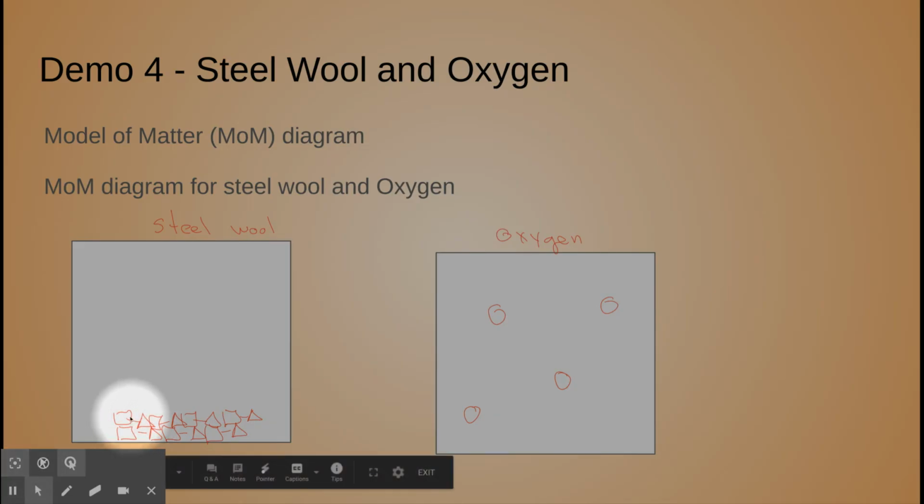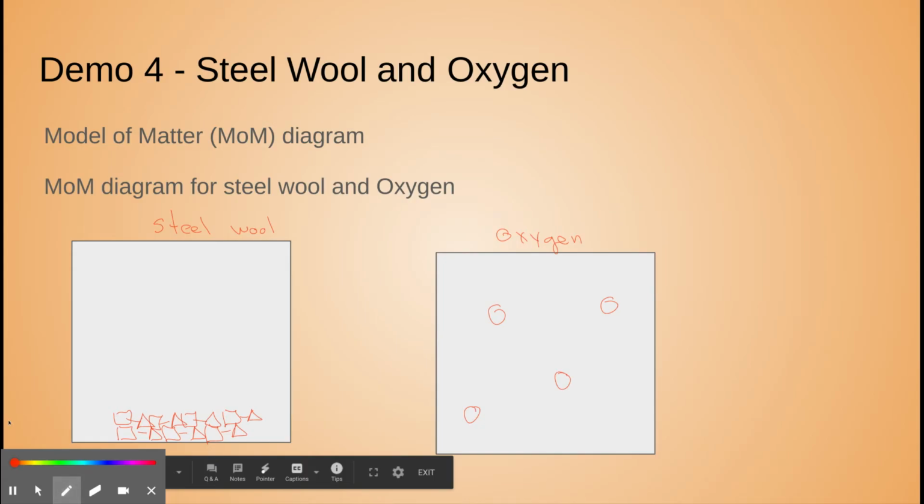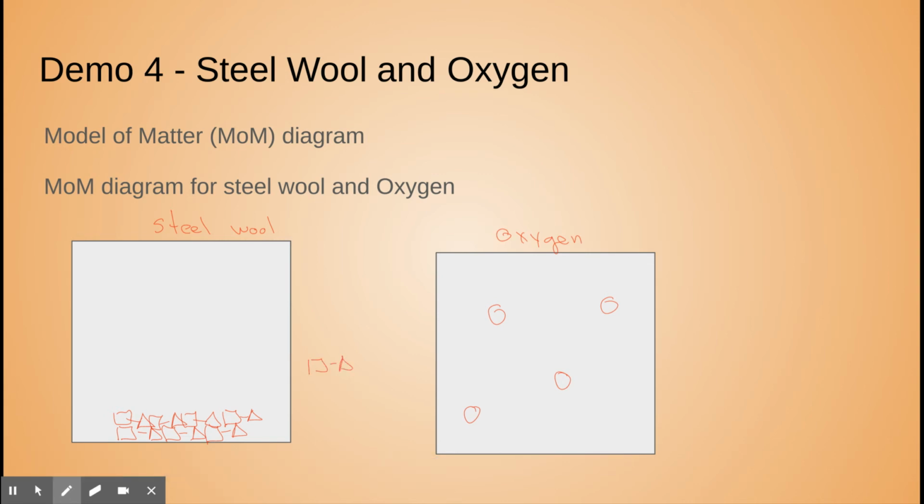So I've drawn my compound, and again, you notice I'm trying to make them look like they're touching. A common thing I see students do, and I don't quite understand it, is they'll put them just ever so slightly apart from each other, like they don't want them to touch. So this is not what we're going for.